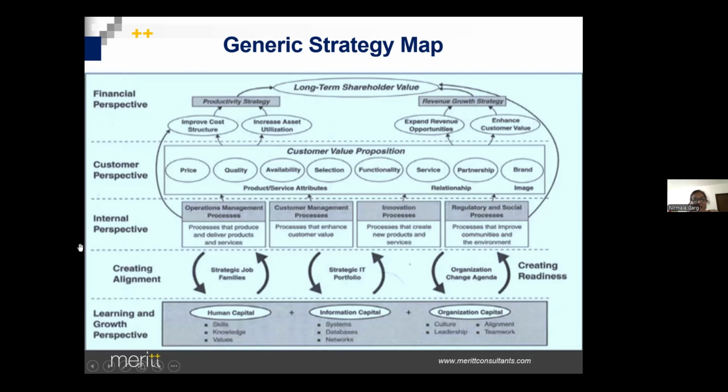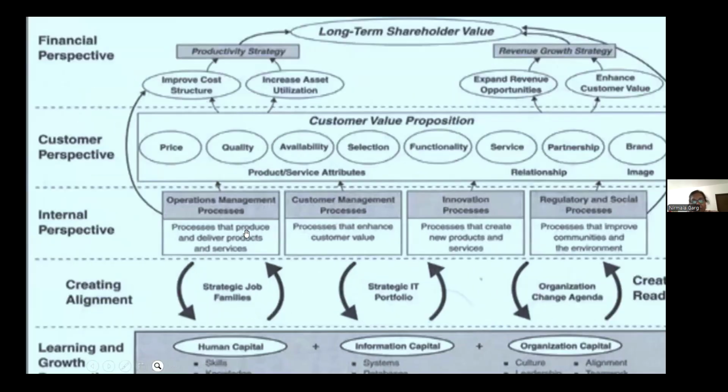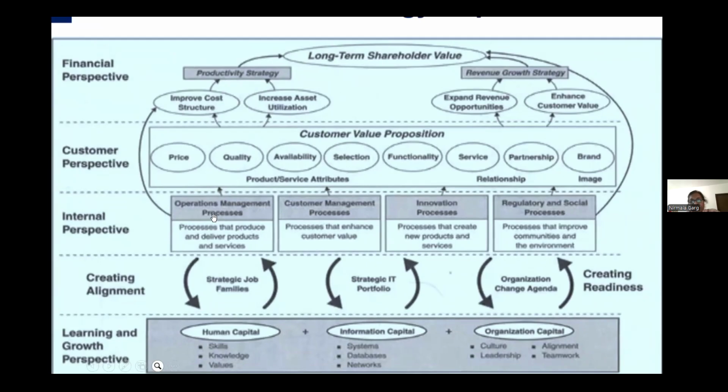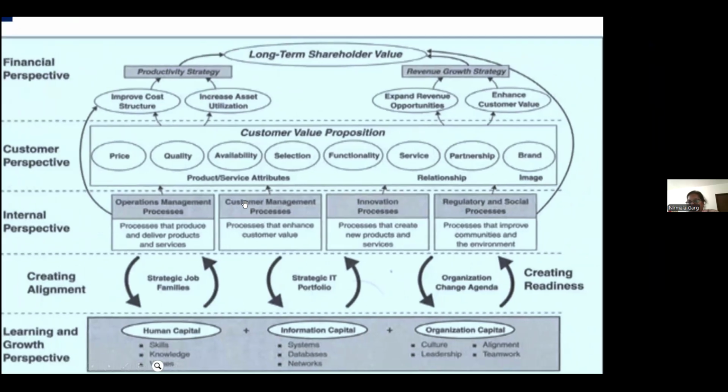What are they? Production. I'll make this a little bigger. Can you see? This is operational management, which will have production, everything. Customer management, innovation, regulatory. So depending on your own organization, you will have different functions or departments, which will have their own process. Have you understood till here?